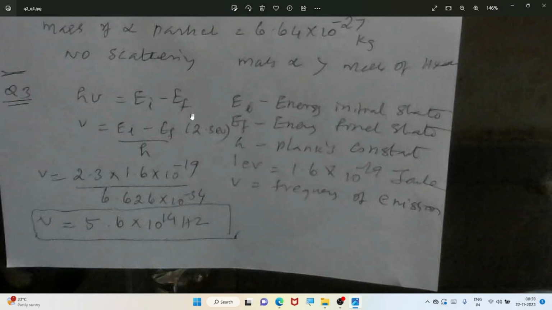So frequency equals energy divided by Planck's constant. One electron volt equals 1.6 times 10 power minus 19 joules. If we substitute, then you will get the frequency in hertz.